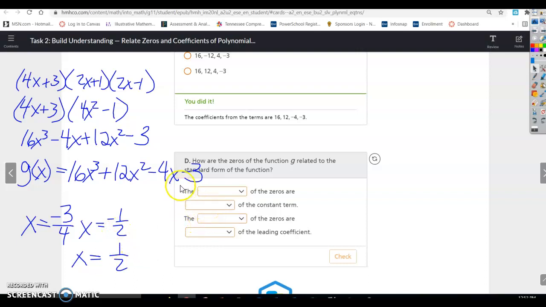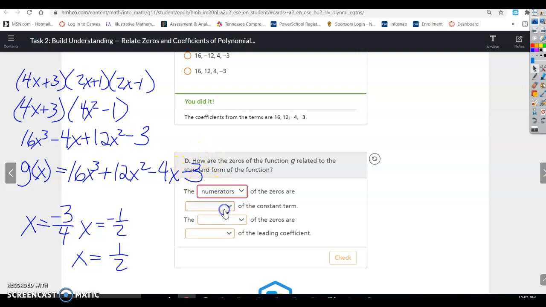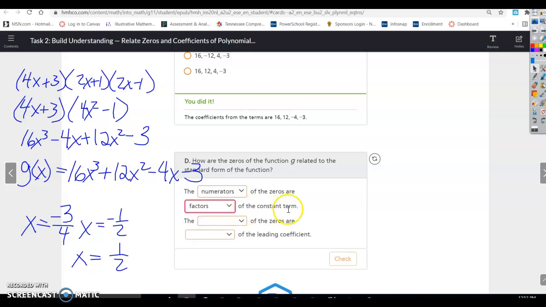If we know the constant term is negative 3, then we know that the numerators are factors of the constant term. Because you can see the constant term negative 3, and negative 3, negative 1, and 1 are all factors of that.